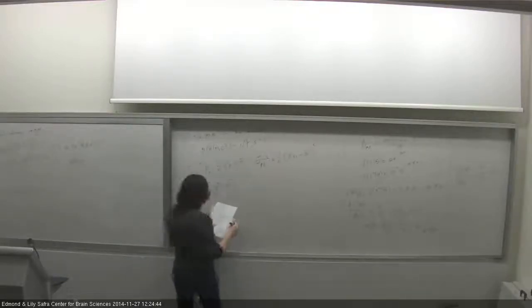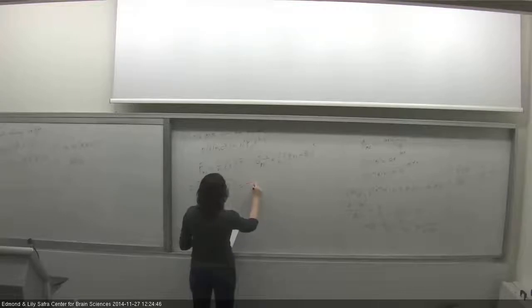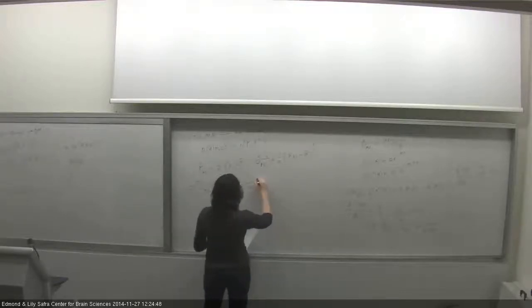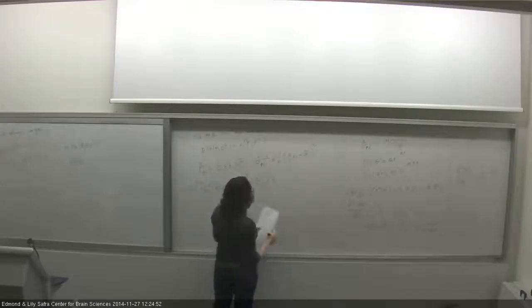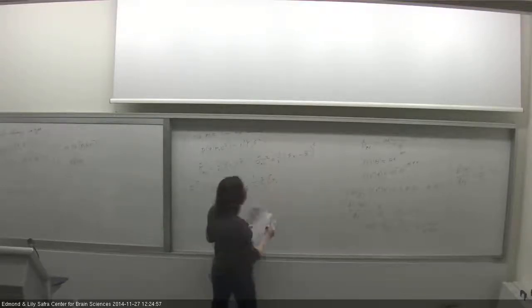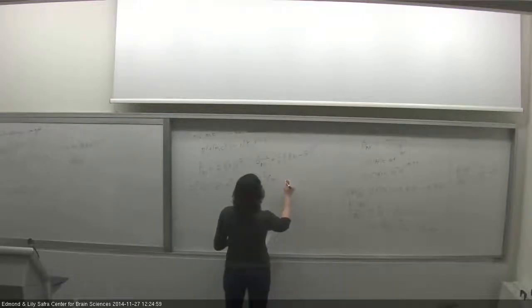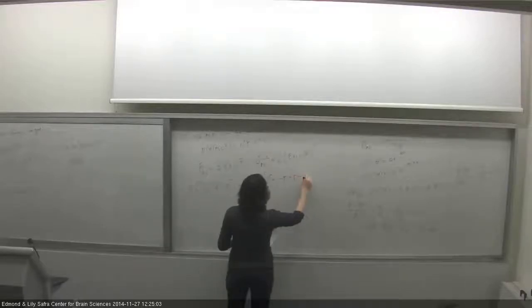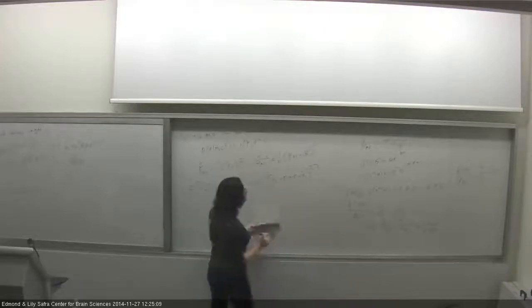So let's write it explicitly. It's 1 over n, the expected value of this. But note that I can add mu and subtract mu, so I can write it this way. Or actually I subtract mu and then I add mu, squared. This is exactly the same.